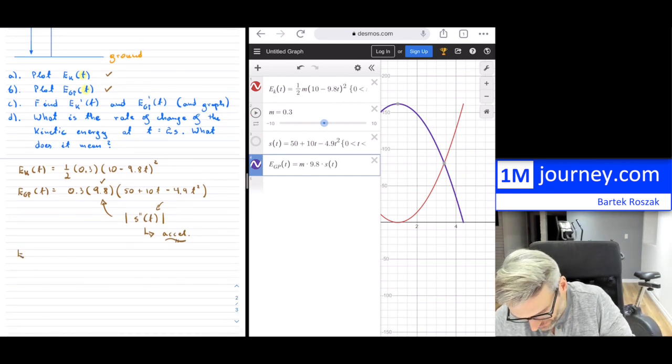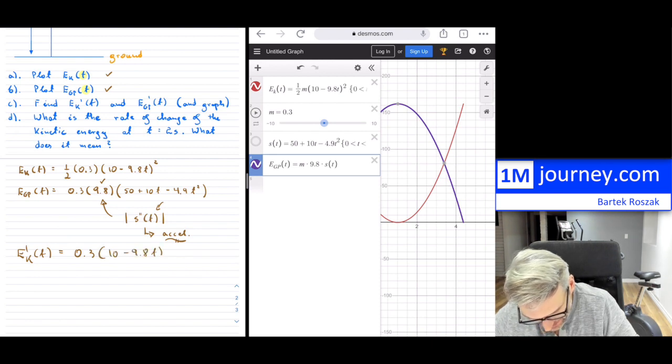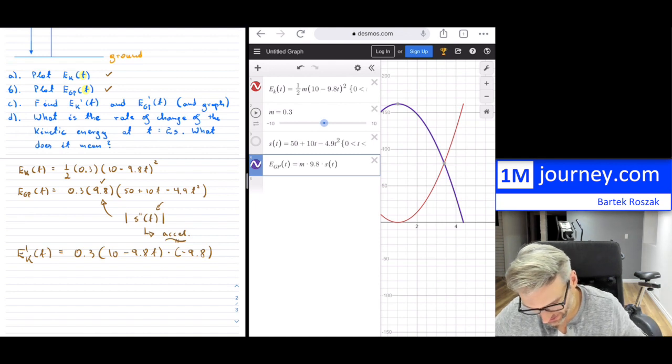So this is for the kinetic energy. If we want to find the derivative, the 2 will come to the front, so we'll cancel that half. That's going to be just 0.3 multiplied by (10 minus 9.8t), and we're using the chain rule here, so times negative 9.8. So that's what we would have here.